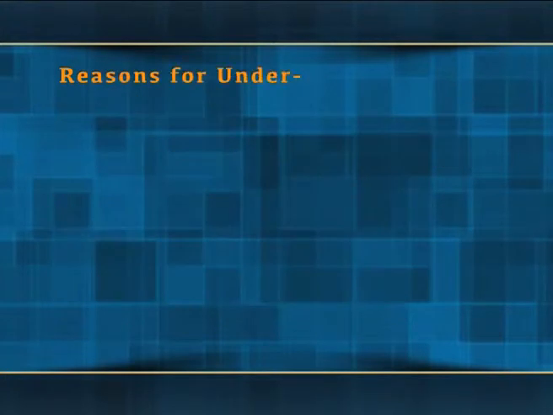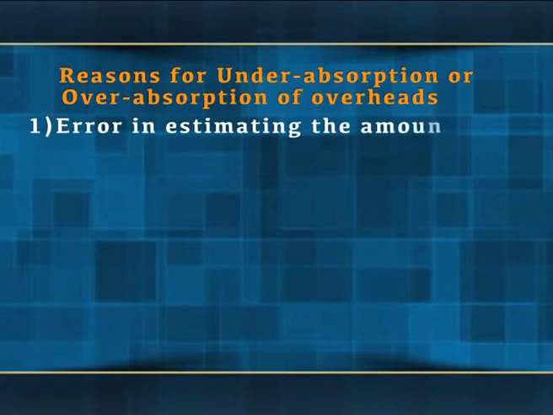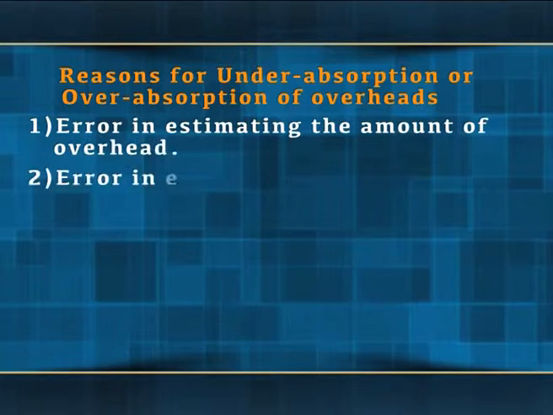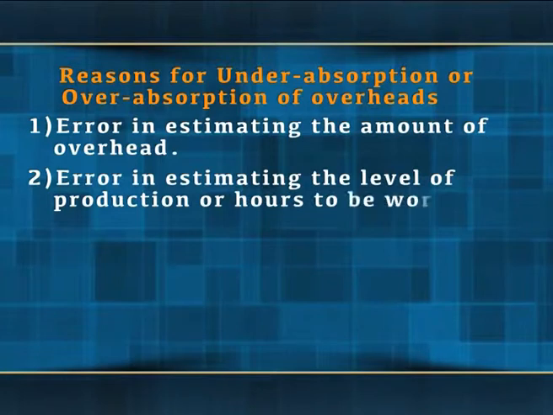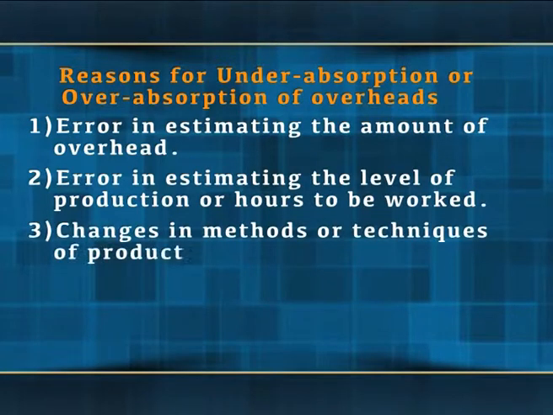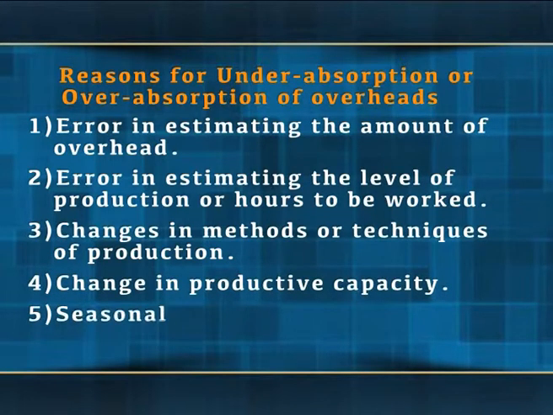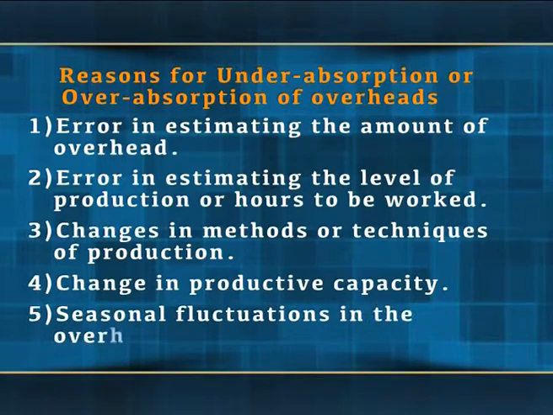The reasons for under-absorption or over-absorption of overheads are: number 1, error in estimating the amount of overhead; number 2, error in estimating the level of production or hours to be worked; number 3, changes in methods or techniques of production; number 4, change in productive capacity; number 5, seasonal fluctuations in the overhead expenses.